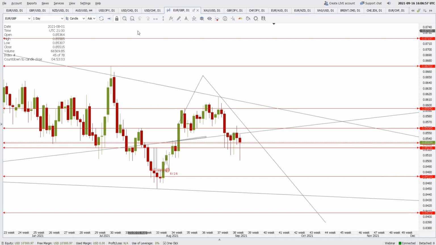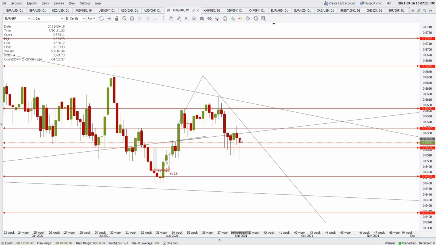Talking about the euro against the Great Britain pound, every time the price went below 0.8523, it was bought back. So this is showing that the buyers are aggressive below 0.8523, in fact 0.8532, the level that we have created here, and the price has not been able to close below this level for the last 6 days.